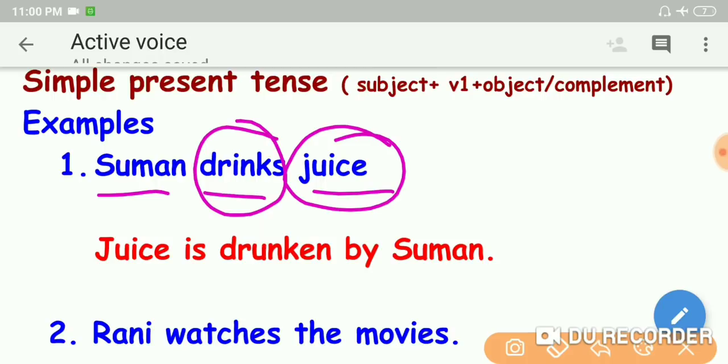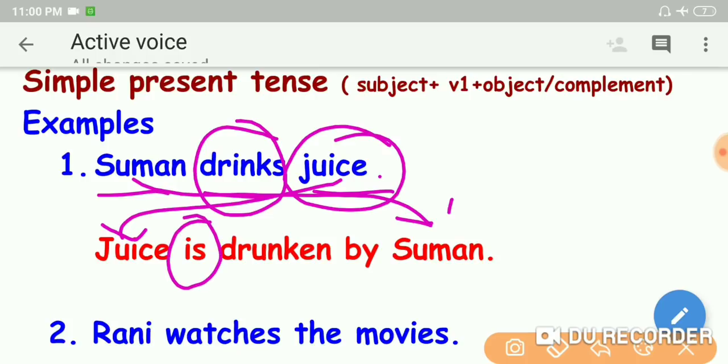The passive formula is what I did: juice, I brought the object into the subject position. I sent the subject into the object position. Again, drinks, I changed it. So I used the to be verbs is, am, and are in simple present tense.